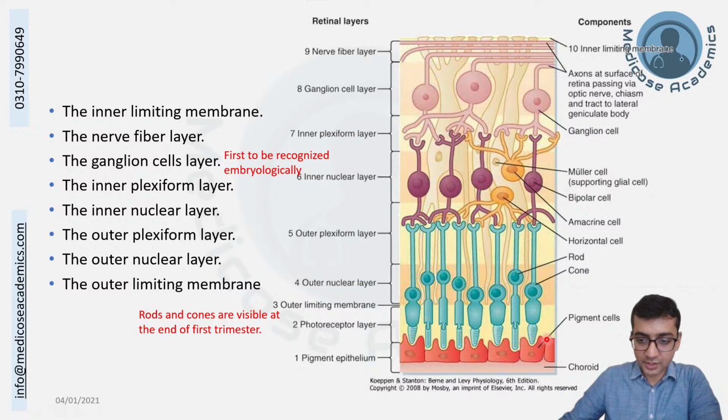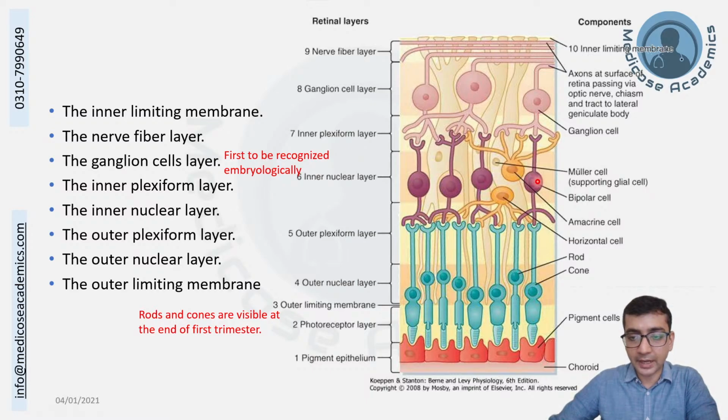Then there is the layer of rods and cones, the sensory receptor component of the cells. There is the outer limiting membrane. Then there is the nuclear layer of the rods and cones, that is the outer nuclear layer. Then there is a plexus of nerves where the rods and cones synapse with the next set of nerves, that is the outer plexiform layer.